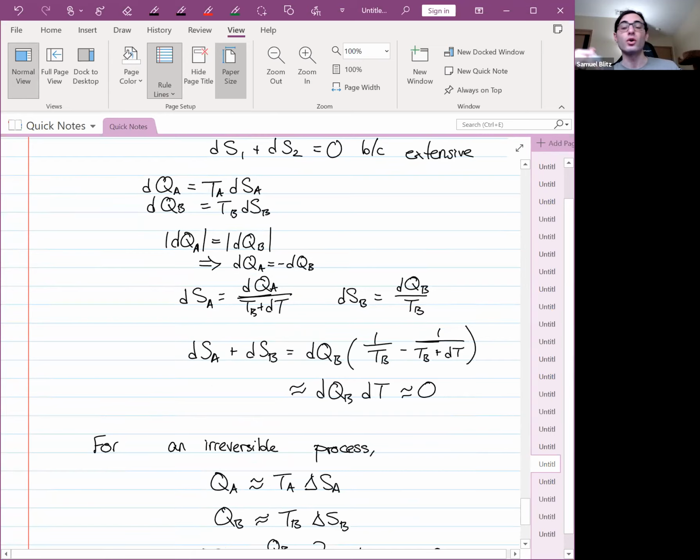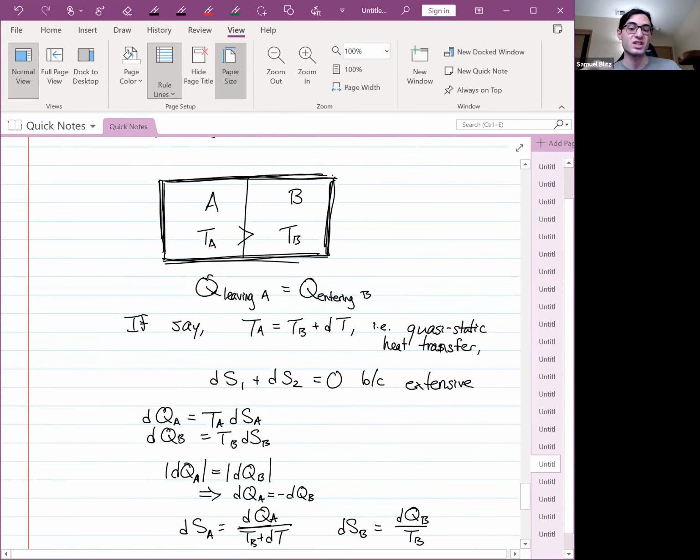Sorry, that the total entropy is just the sum of the entropy of the initial systems, because the change in entropy is 0. And so we found that indeed entropy is an extensive variable, because if you just combine two systems, the total entropy you have is just the sum of the entropies that you had.